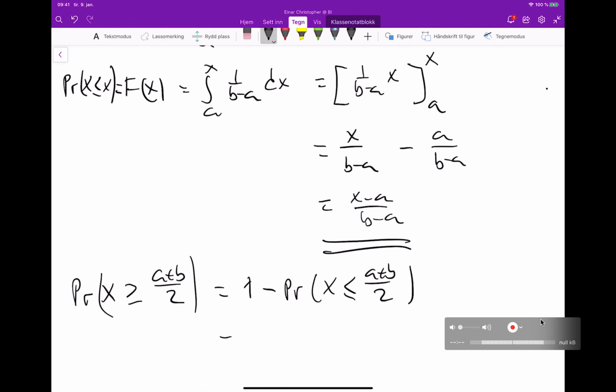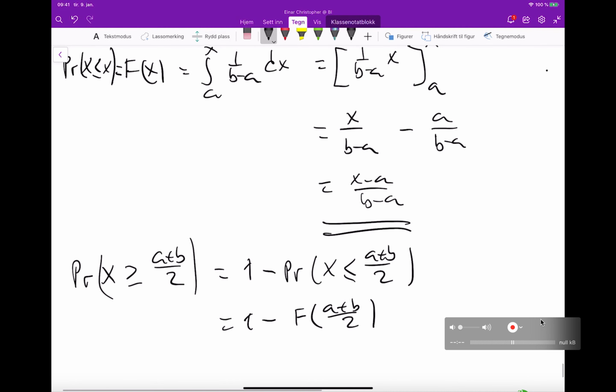And this is just the same as 1 minus F of a plus b divided on 2, which is 1 minus, and then we put in a plus b divided on 2 for x in F of x. This is F of x, remember? This is F of x.